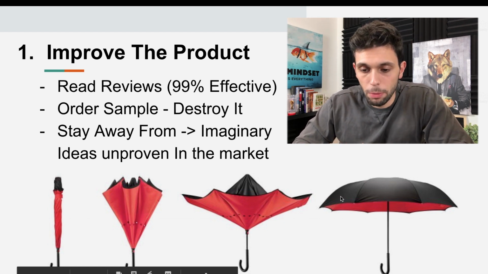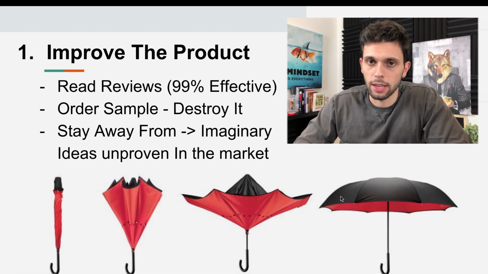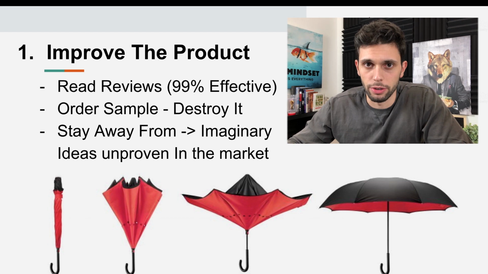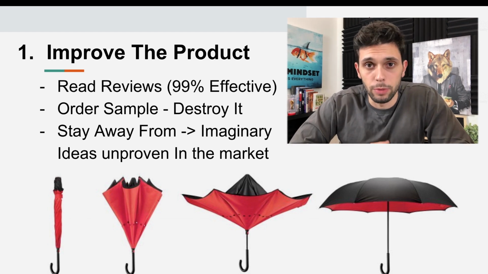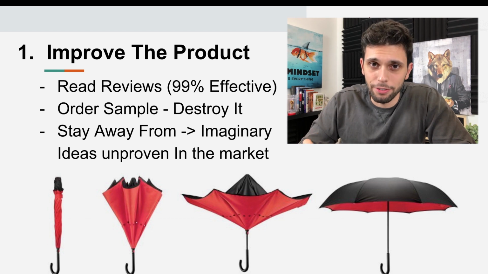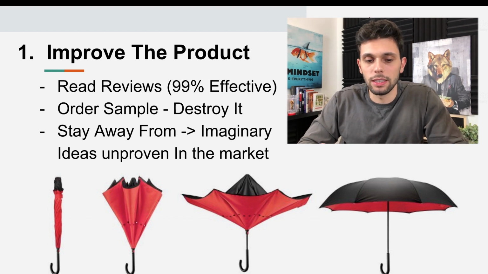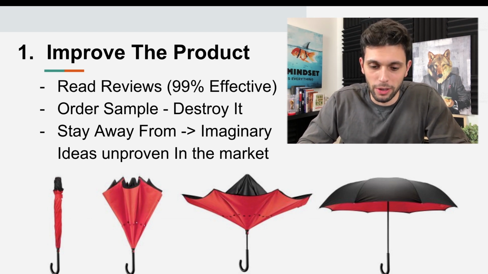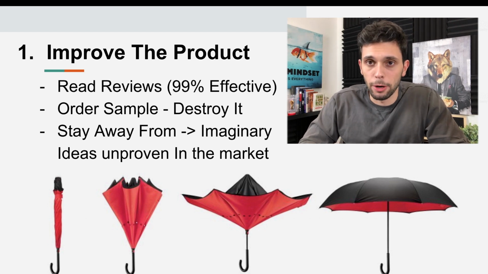While this is a super good way to improve a product and has kind of revolutionized this market, with Amazon, we actually want to stay away from huge revolutionary changes because it's just not the way to go about private labeling on Amazon. The way I have found incredible success is to differentiate a little bit, enough to make a difference, but not to completely change it. And the reason for that is because sometimes, guys, your revolutionary idea just isn't that revolutionary. Okay, so that's how I personally love to improve products.